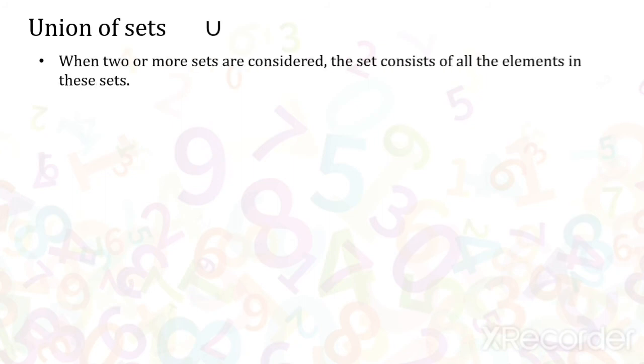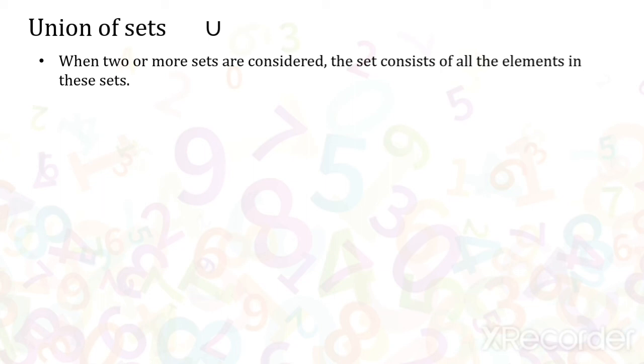Next one, union of sets. When two or more sets are considered, the set consisting of all the elements in these sets. You can easily remember this by considering the union of a company. For a union of a company, all the sections join the union: cutting section, sewing section, and transport section, all of them are in the union. So you can easily remember union of sets by using that example. To represent union of sets, sometimes they use the word 'or'.